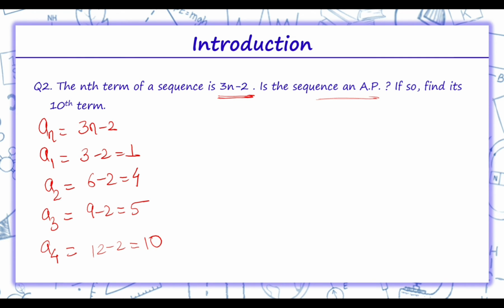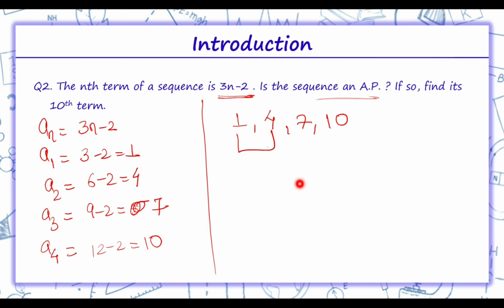Now if we write the sequence in order, we will get the first term is 1, second term 4, then 9 minus 2 is 7, then 10.